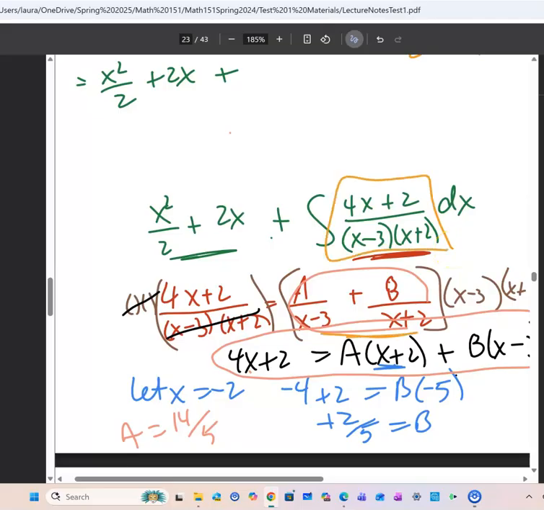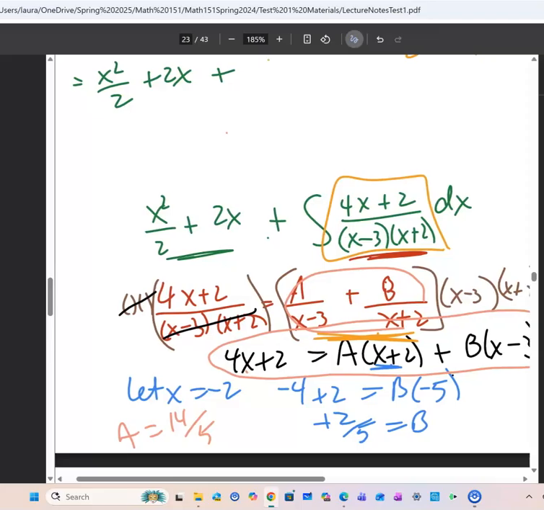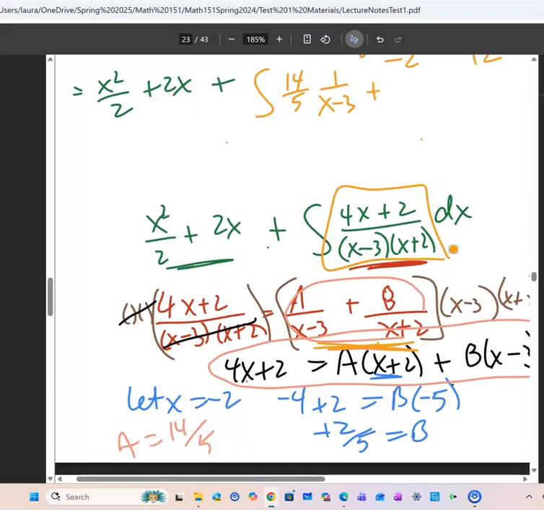I'm going to be putting in what I get for A and B, right? So for the A, I get 14 over 5. And I'm going to write it off to the side, and then 1 over x minus 3. And then plus the B is 2 over 5, and that's 1 over x plus 2.